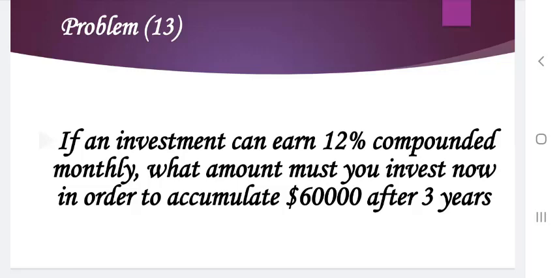So n will be equal 3 times 12 because it is compounded monthly, which equal 36 periods. And because it is compounded monthly, m will be equal 12 and I will be equal 12% over 12, which is equal 1%.